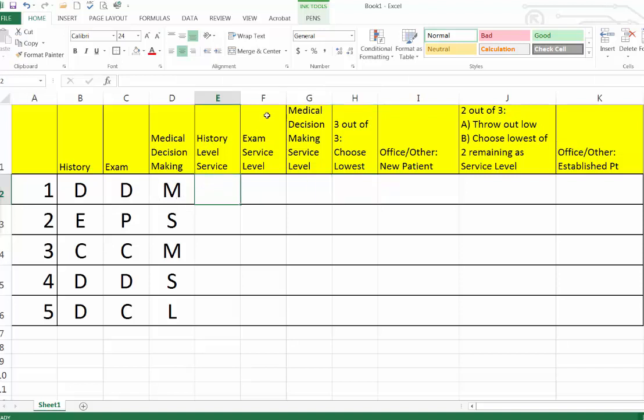So I have a detailed history, a detailed exam, and a moderate complexity medical decision making. So now, off to the side on a scrap sheet of paper, I would write DDM.